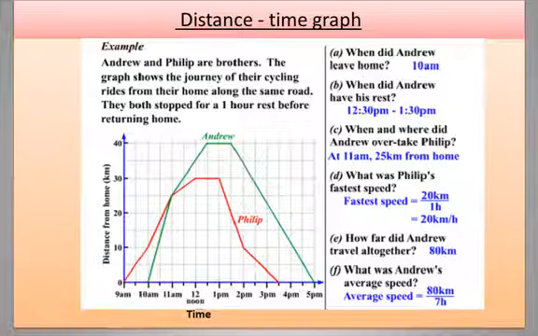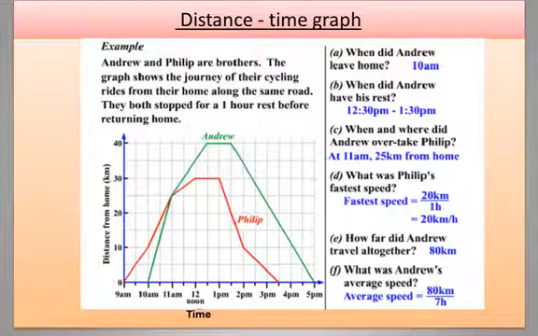Now they both stopped for a 1 hour rest. Both of them stopped at different places for 1 hour rest, so you can see two horizontal lines in the graph. That means they are taking rest. Now the time is shown on the x-axis from 9 a.m. to 5 p.m. and the distance from home is shown on the y-axis from 0 kilometer to 40 kilometer.